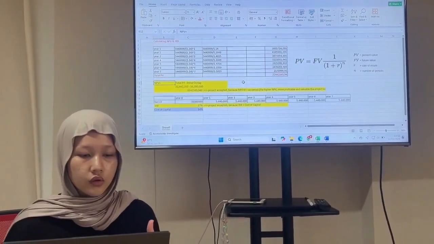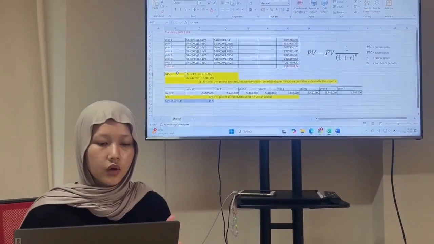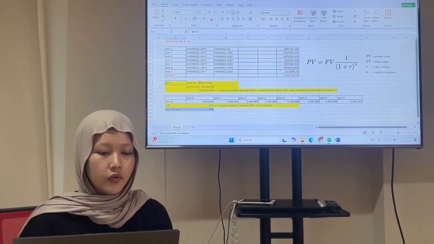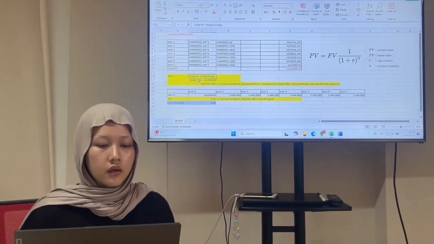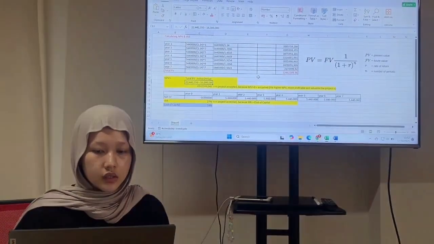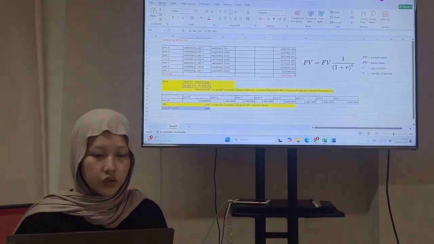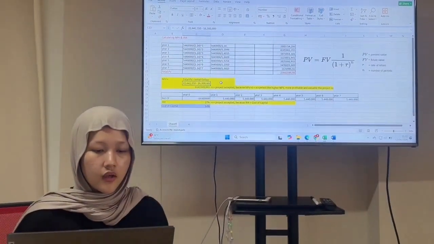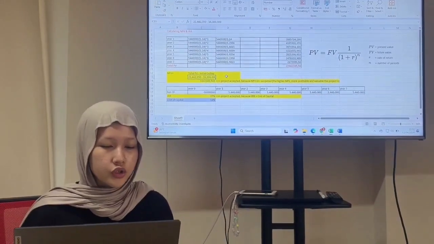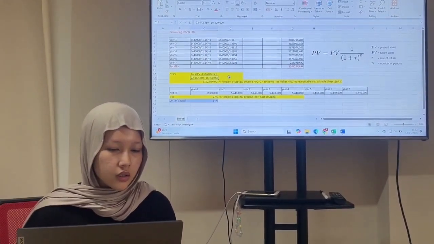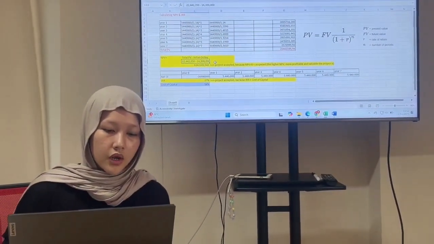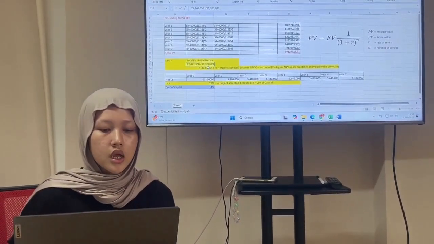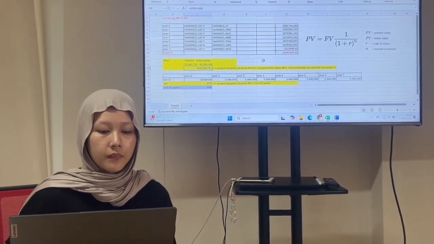So we have the total PV, and for NPV, the formula is total PV minus initial outlay, meaning 22,442,000 minus $16,300,000. So we have the NPV.